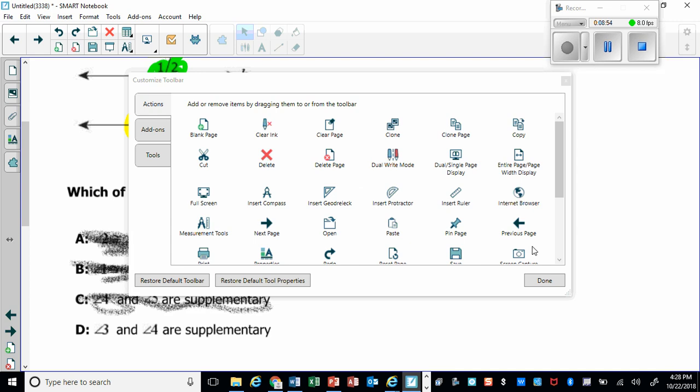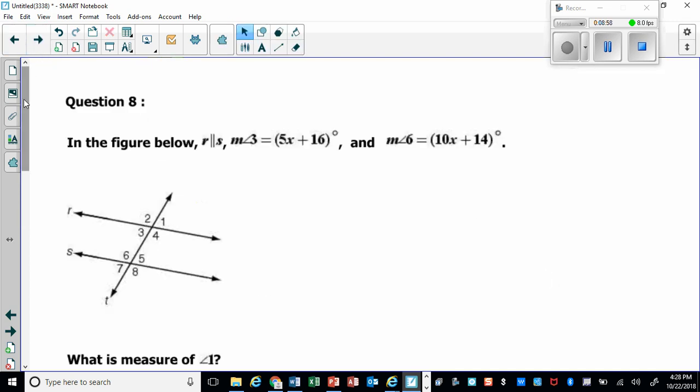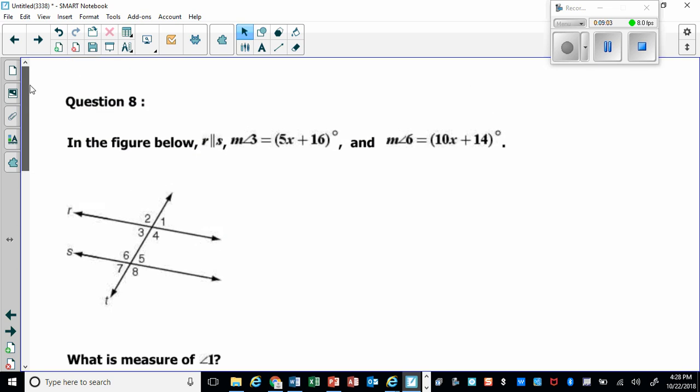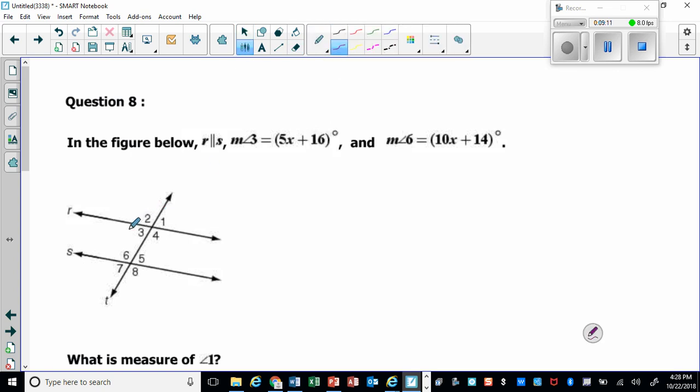All right, let's go to number 8. So when it comes to this kind of problem, you have to understand what's the relationship. Angle 3 is right here, and then 6. 3 and 6.